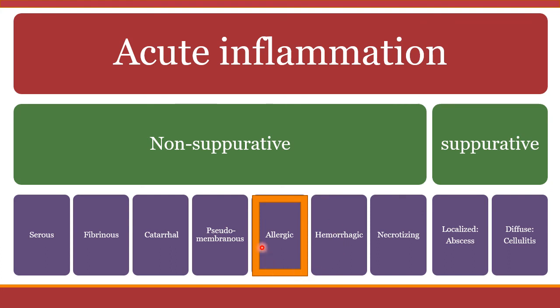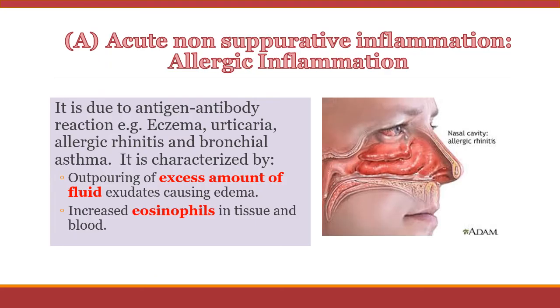The next type of the non-suppurative acute inflammation is called allergic inflammation. And I think all of us are familiar with the term allergy. So what is allergic inflammation? It is an inflammation that happens because of an antigen-antibody reaction. And mostly this antigen is exogenous. Sometimes also it is endogenous.